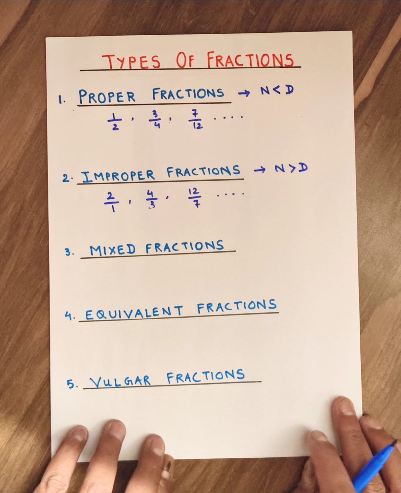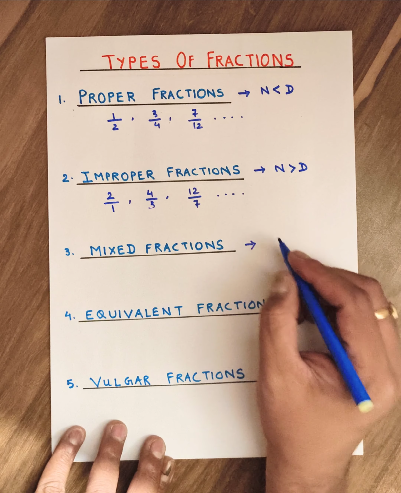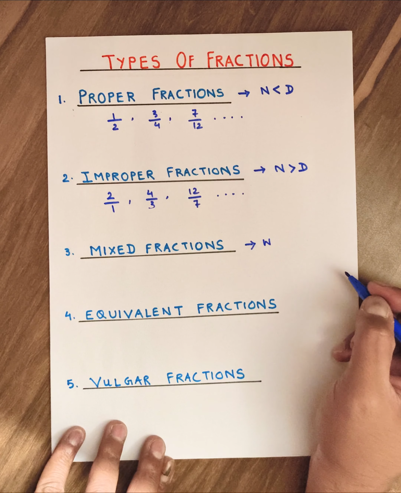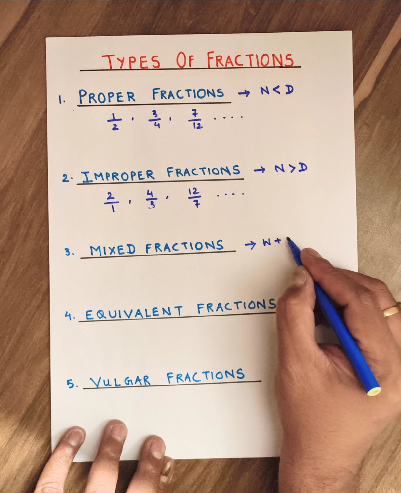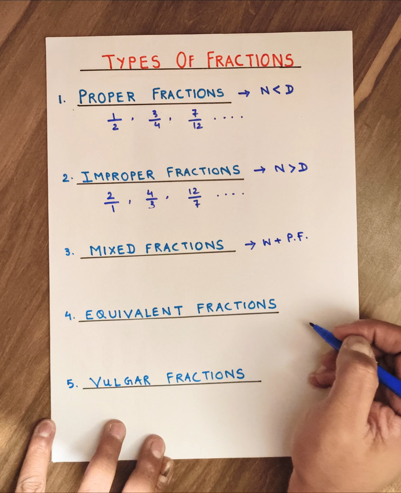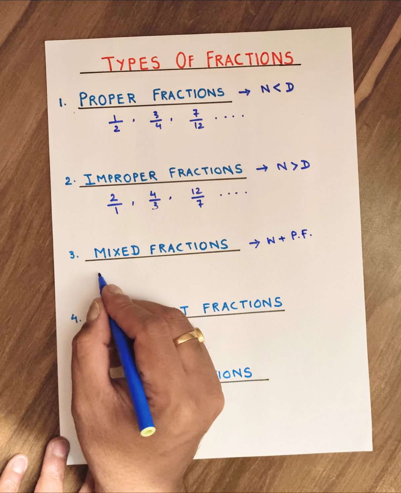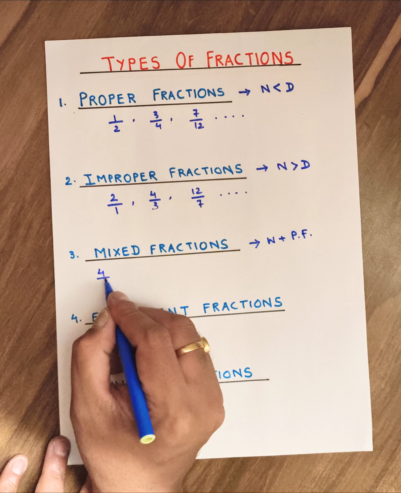What are mixed fractions? Mixed fractions are a combination of a whole number plus a proper fraction. That means you can write it as, let us take the example 4/3, which is an improper fraction.